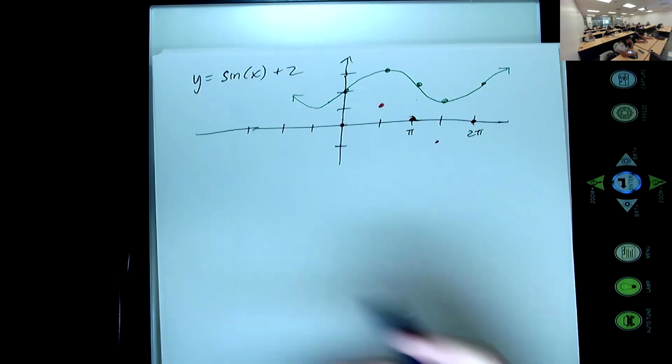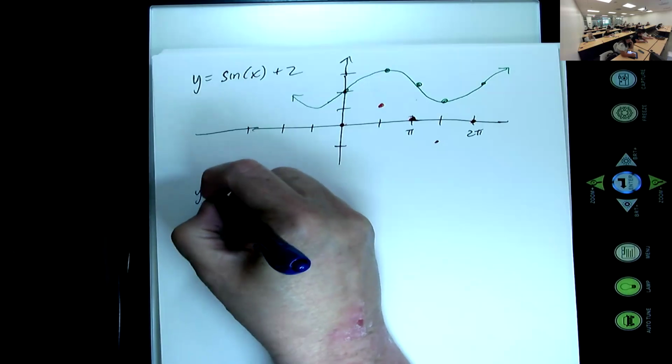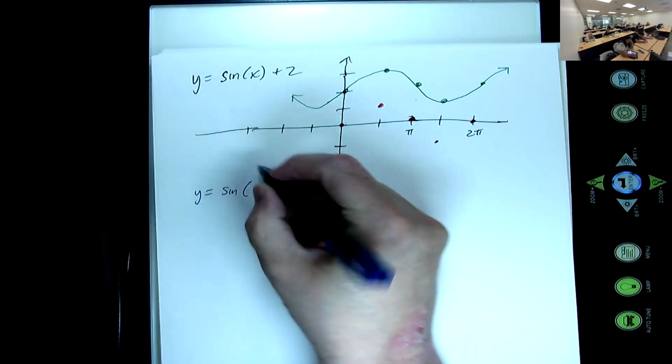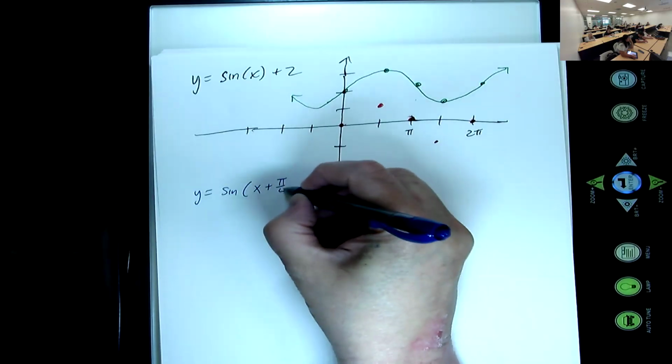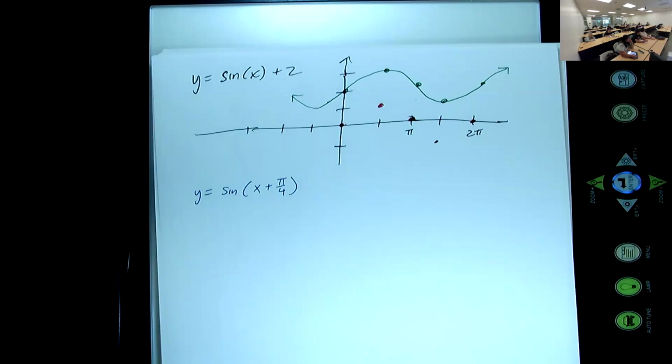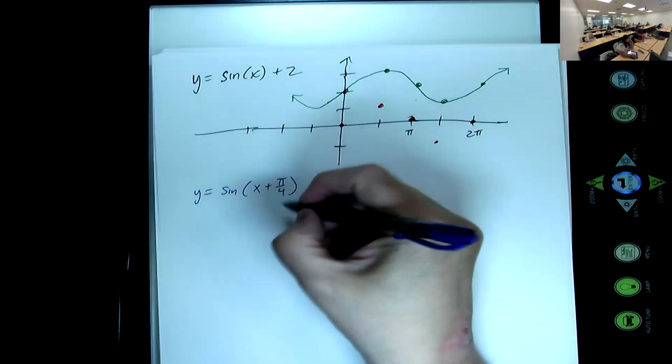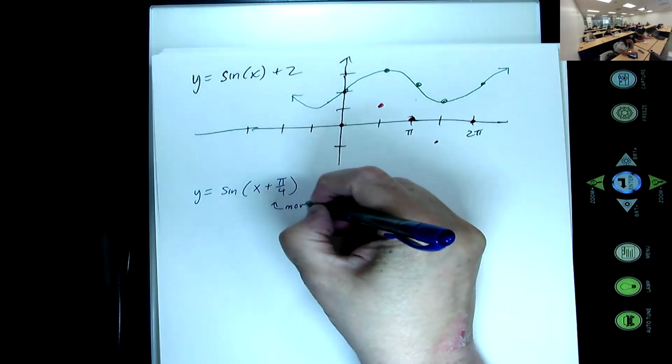And if I'm gonna shift it on the inside, let's say I have x plus pi over 4, you're gonna move it the opposite direction of this.